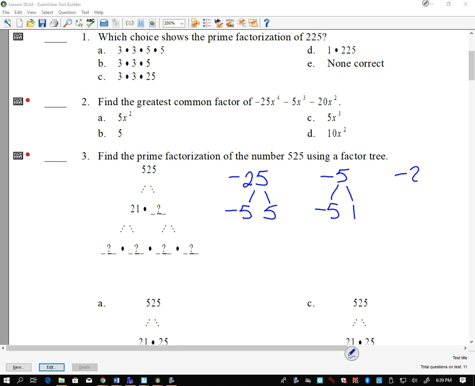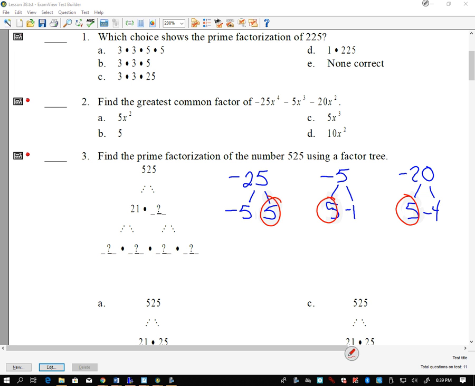We have negative 20, that'll break down into negative 5 and 4. And you could change this a little bit. You could easily take that negative off that 5 and give it with the 1, and with this negative right here, give that to the 4, and what we would see is that they all share a 5. They all have a 5 that we could pull out.